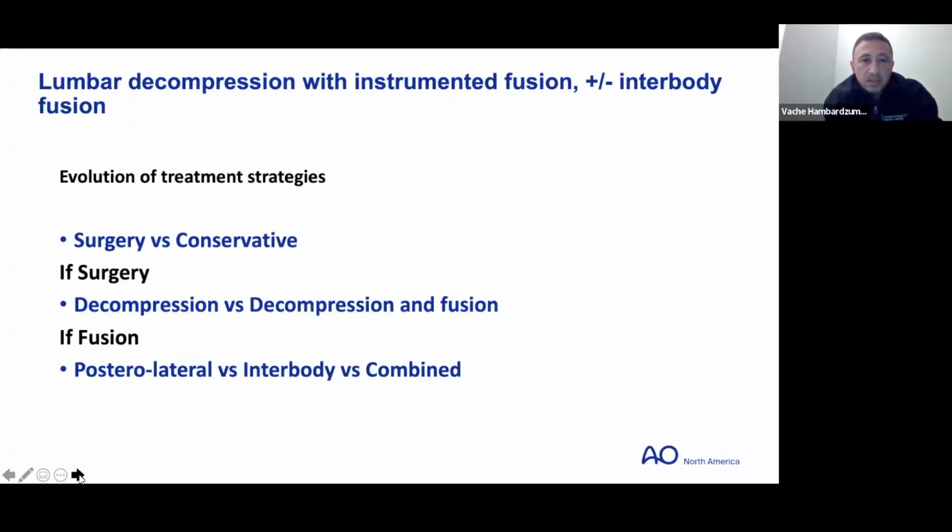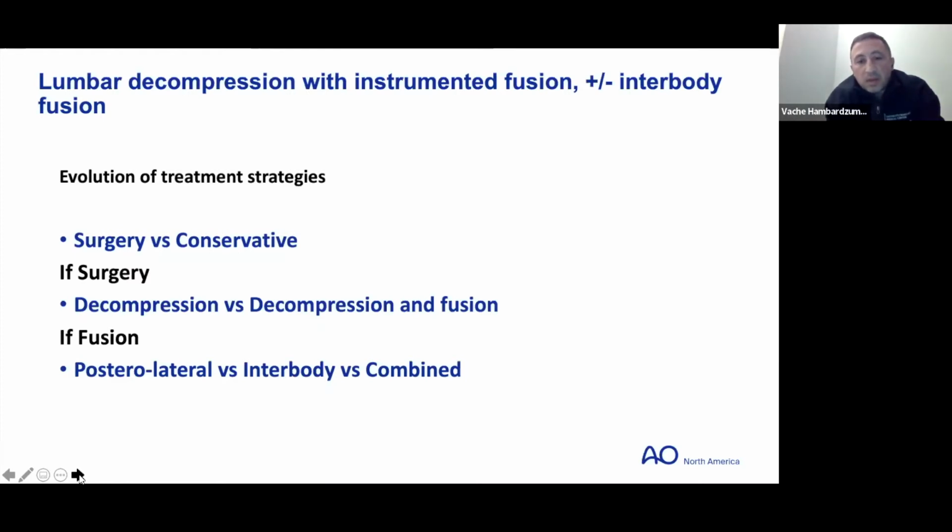As you mentioned, we're going to discuss a condition which is well known to all of us, lumbar spondylolisthesis, and the surgical options available, namely the use of interbody fusion. There has been evolution of treatment strategies for lumbar spondylolisthesis over the past few decades, from non-surgical to surgical, and when we are talking about surgery, it has changed from simple decompression to decompression and fusion.